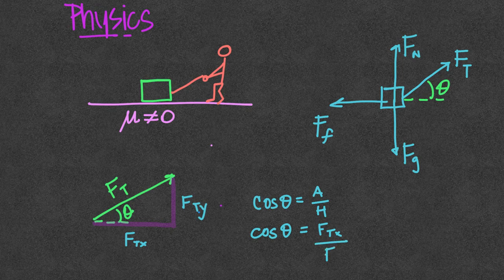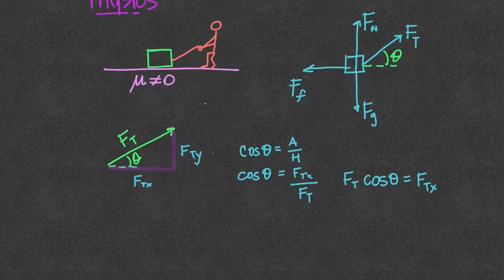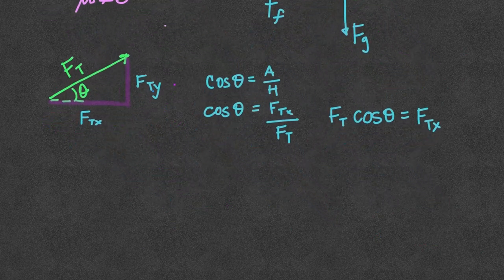Then the hypotenuse is the full magnitude of the tension. So if I then multiply by Ft on both sides, I'll have Ft times the cosine of theta would equal Ftx.